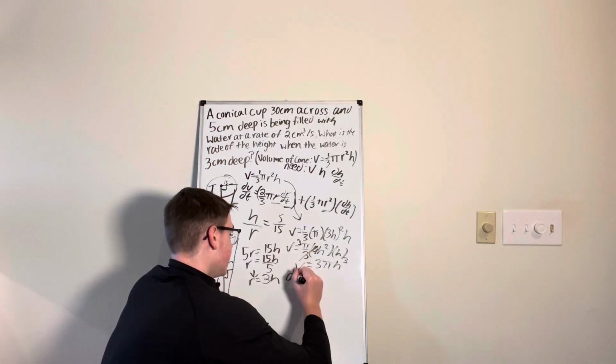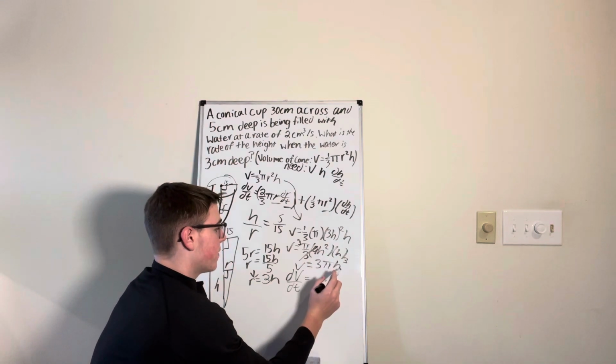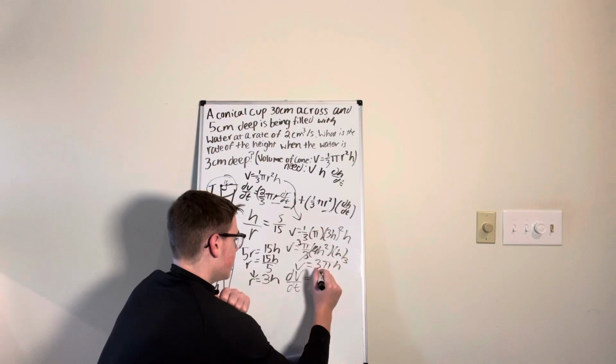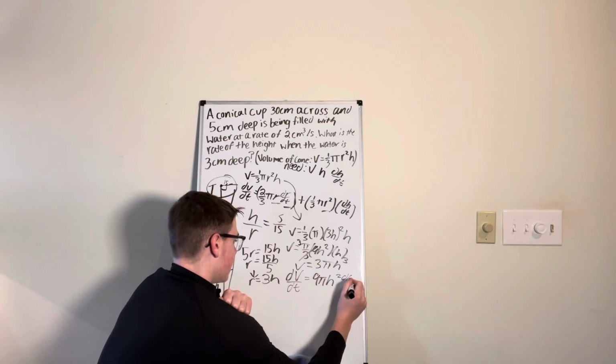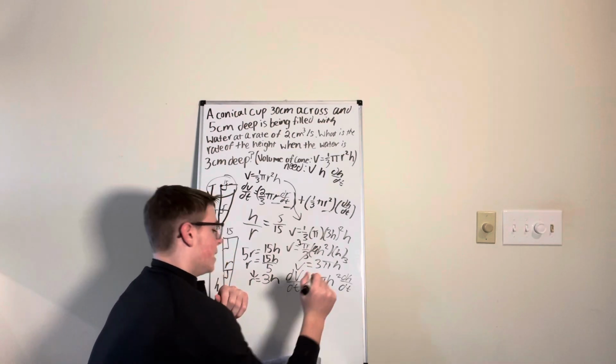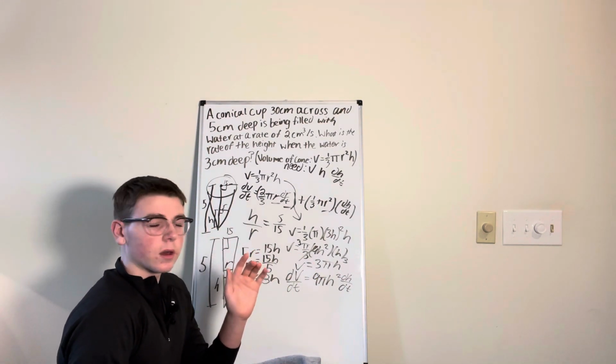So dV over dt equals 9 pi h squared dh over dt, just using the power rule, with 3 pi as the coefficient.